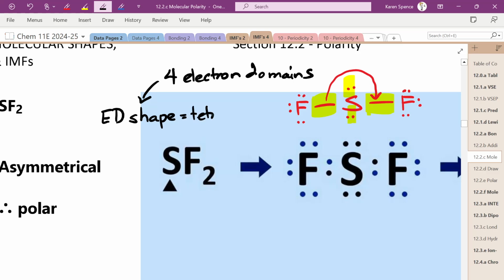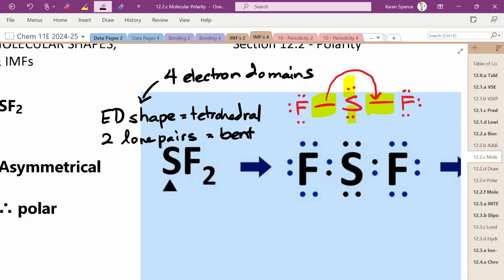Tetrahedral. Which means that if I've got 2 lone pairs on it, then it is bent.